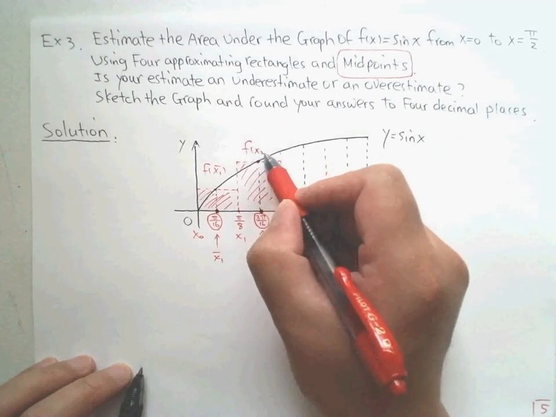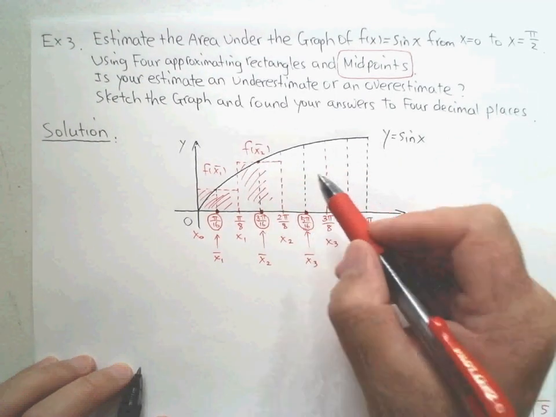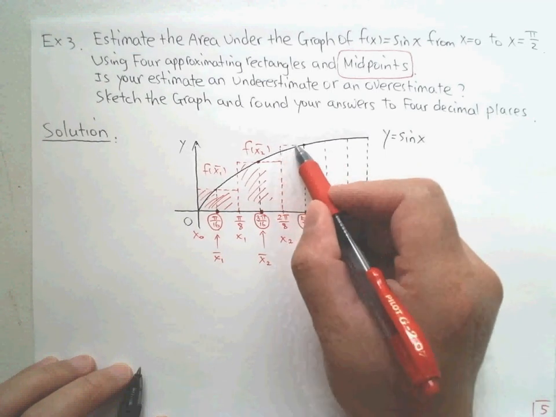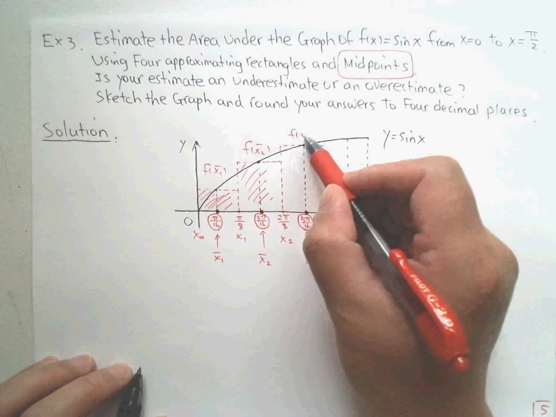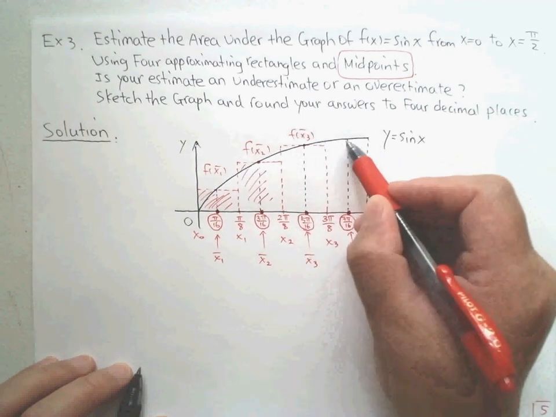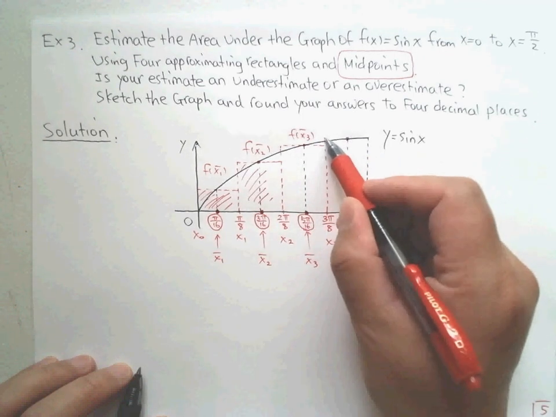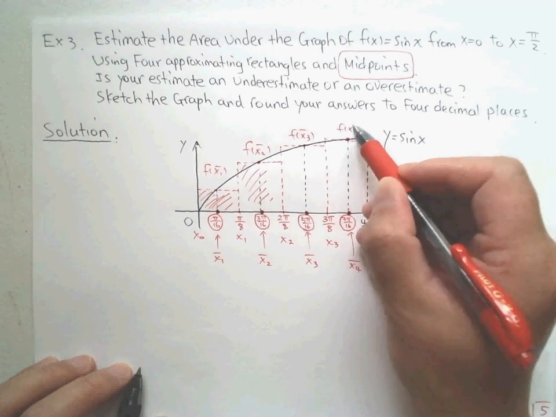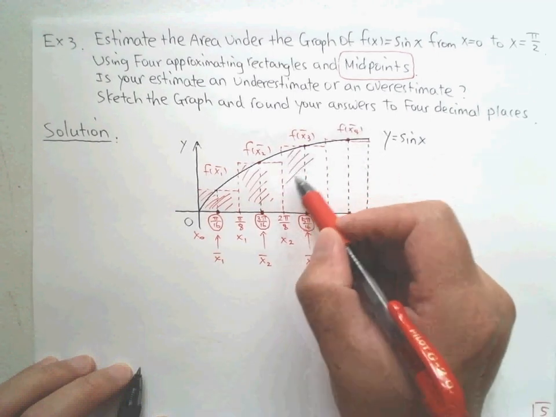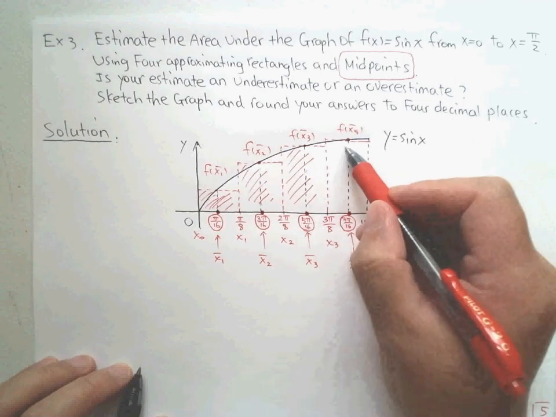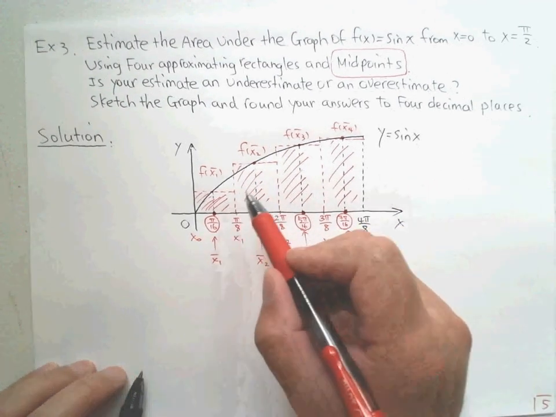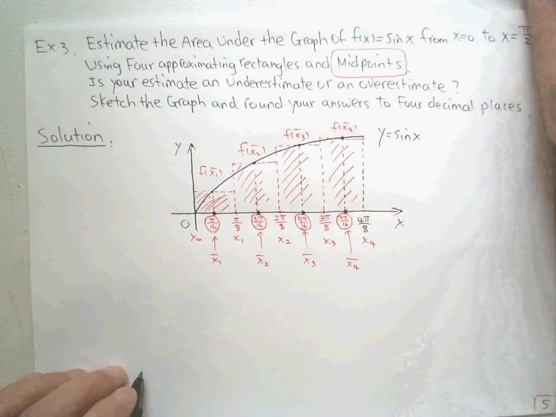This is f at x2 bar, the height. x3 bar is here. This is f at x3 bar. Okay, so this is the top. Like this, f at x4 bar. So I highlighted it, the third rectangle, and the last rectangle. Okay, so 1, 2, 3, 4.